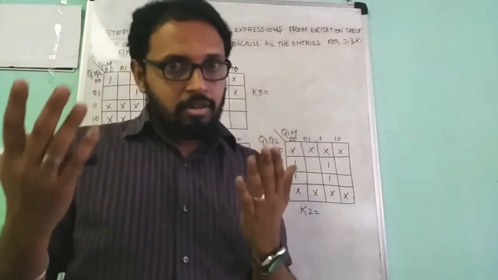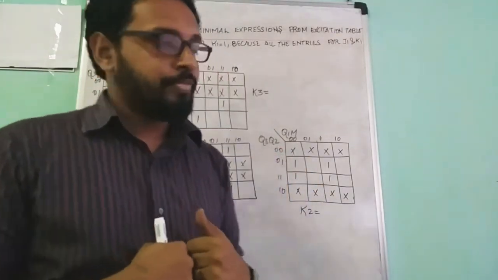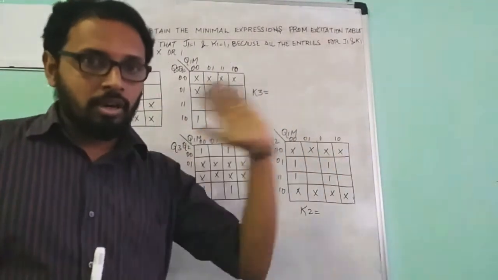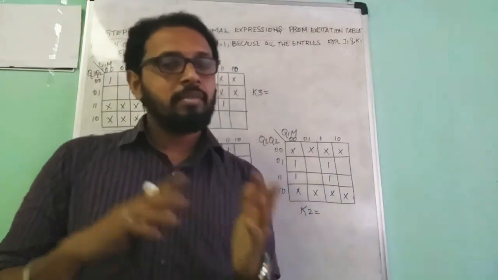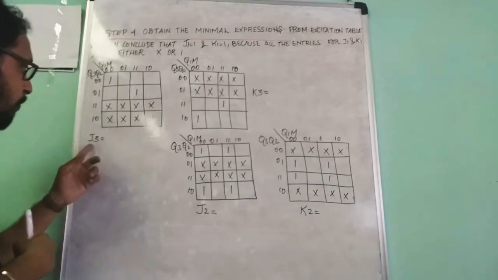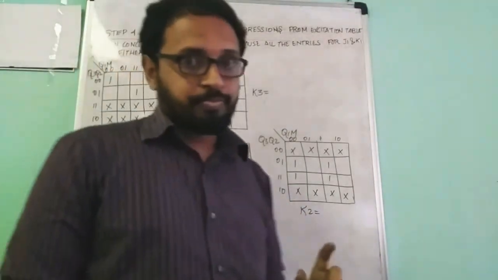The other thing to note is, when we go for the Karnaugh map, we had the present state and we had the next state. And we are going to find values for J3, K3, J2, K2.